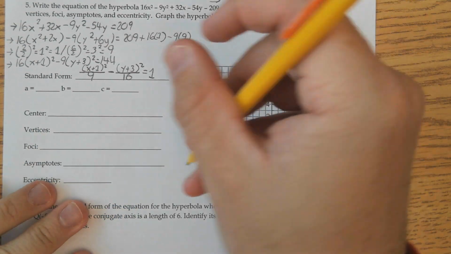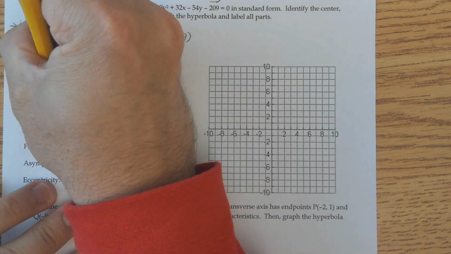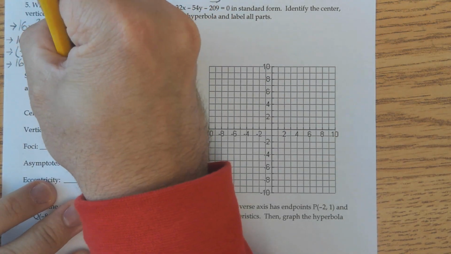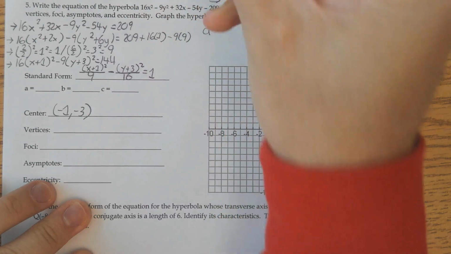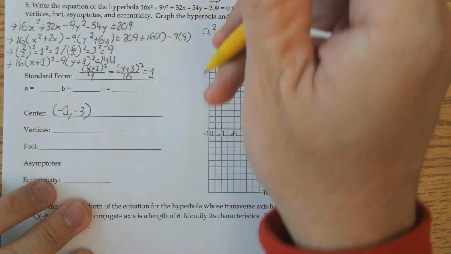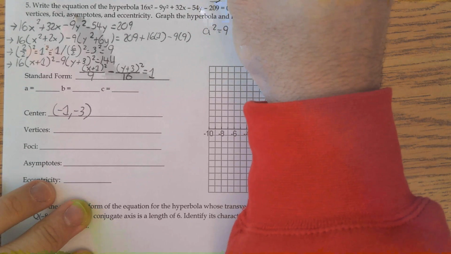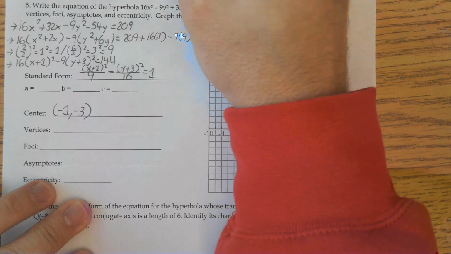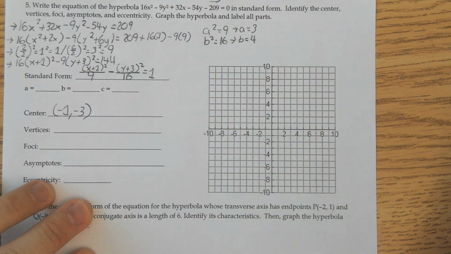So now we can go ahead, we can write our center. So opposite h and k, so negative 1, negative 3. Okay. Since the x, this is positive right here, a squared is going to equal 9. Which means a equals 3. That means b squared equals 16. B equals 4. Again, remember with hyperbolas, the major axis does not have to be longer than the minor.